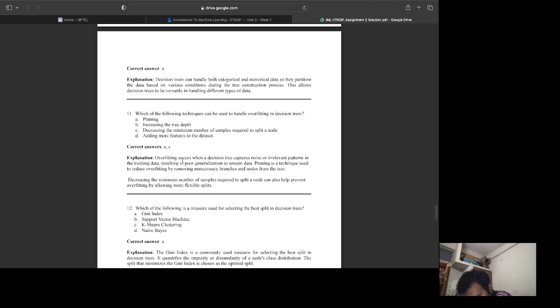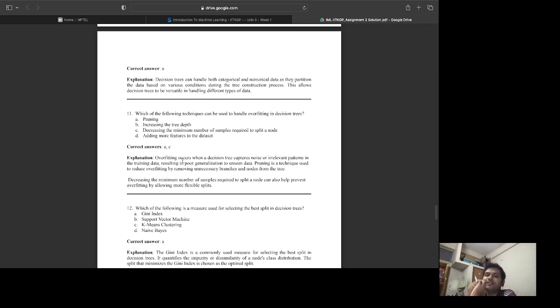For example, if we define that the number of samples should be 50, and it reaches 50, then we decide to split a node. Now if we decrease the minimum to 10, then every time the sample size is 10, you keep splitting the node, so you don't average it out well.